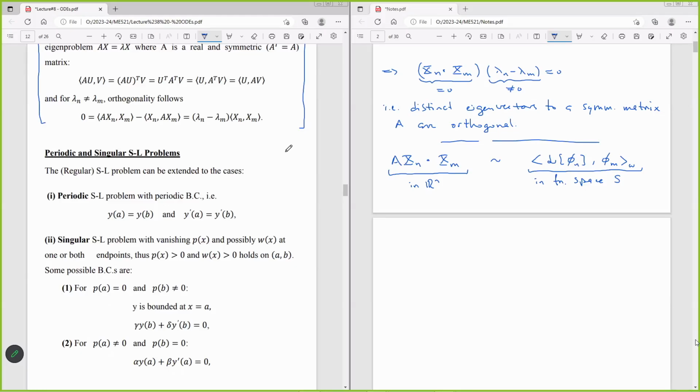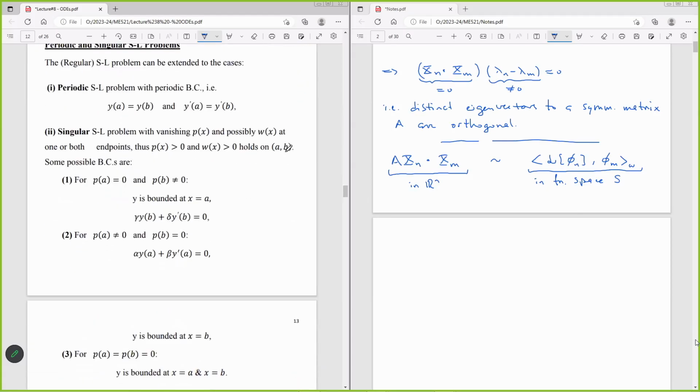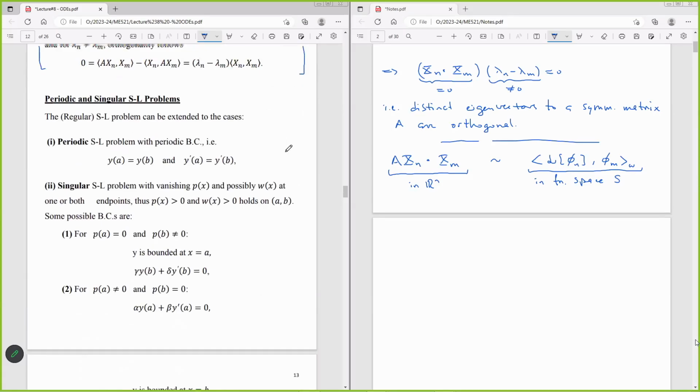Self-adjointness is what makes an SL problem produce orthogonal eigenfunctions. So it's not magic. There's no magic here. All right, now there are other types of Sturm-Liouville problems, by the way. The previous problem was what we call a regular problem.